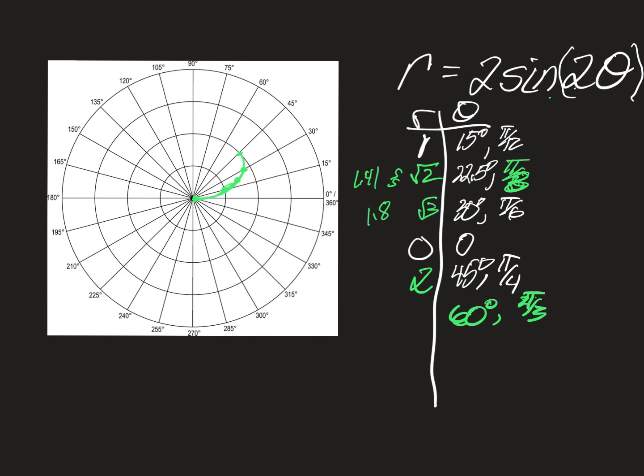And then we would go to 67.5 degrees, which is probably 3 pi over 8. And then we would go to 75 degrees, which is 5 pi over 12.